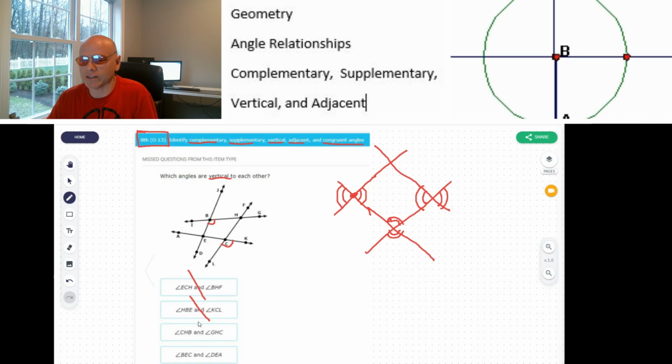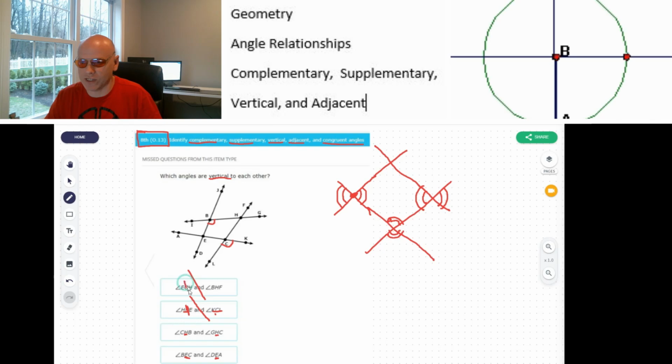Speaking of vertexes, or vertices, I should say vertices is the plural way to say it. When we look at these so-called 3-letter codes, the middle letter is the vertex. So vertical angles, by definition, has to have the exact same middle letter. So these would have a chance. Notice, these did not have the same middle letters at all.